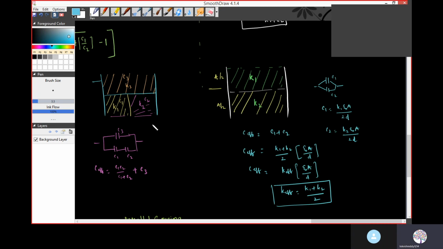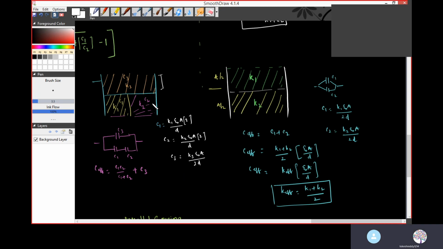Now you know how to write this value. C1 is equal to K1 epsilon naught A by D by 2. C2 is equal to K2 epsilon naught A by D by 2. C3 is equal to K3 epsilon naught A by 2D.